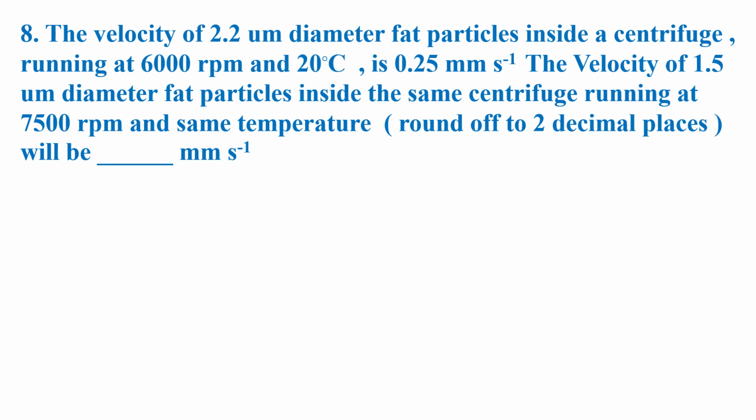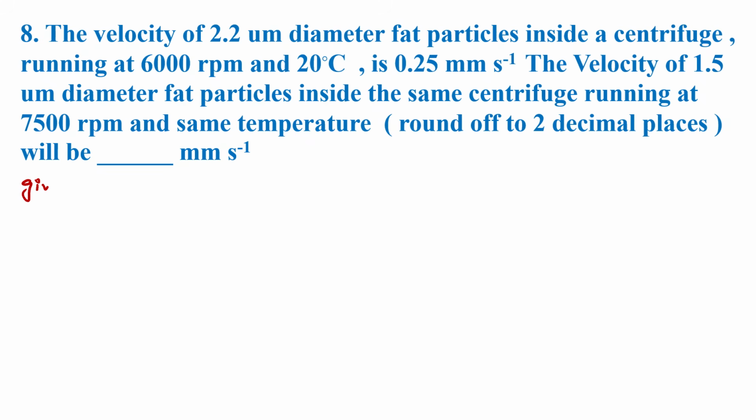The velocity of a fat particle inside a centrifuge which is running at 6000 rpm and 20 degrees Celsius is 0.25 mm per second. Velocity of 1.5 micrometer diameter fat particle inside the centrifuge tube which is running at 7500 rpm at same temperature will be how much? We have to calculate. Now what are the things it is given?